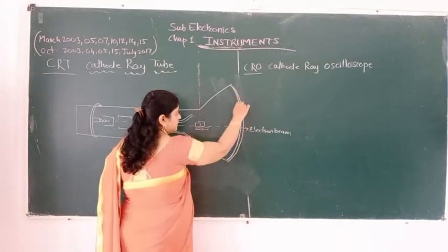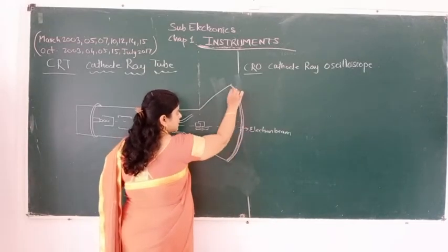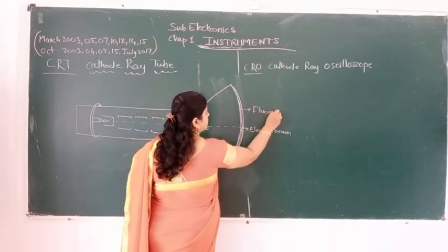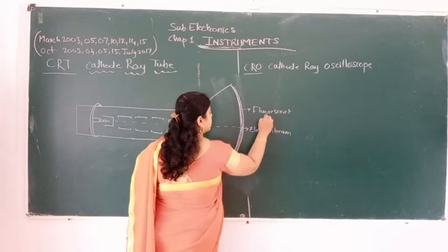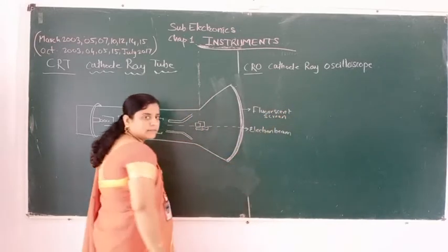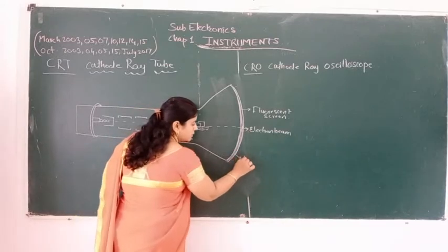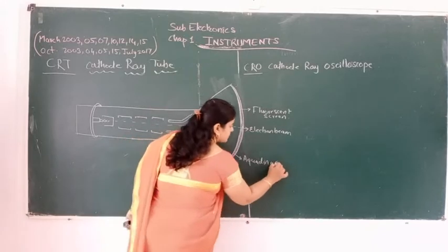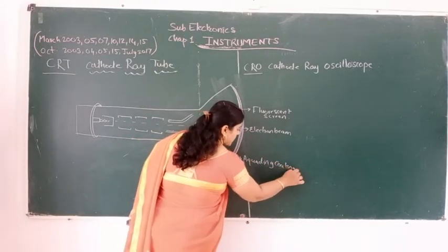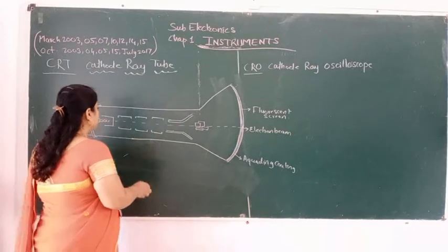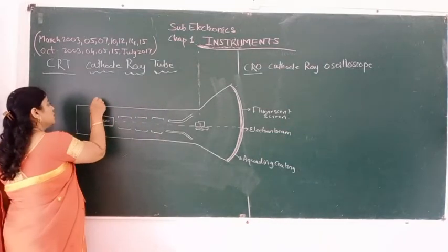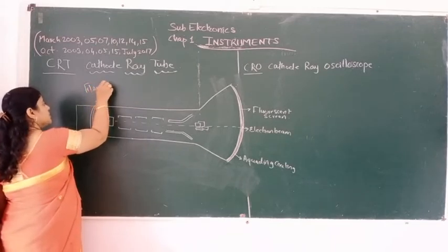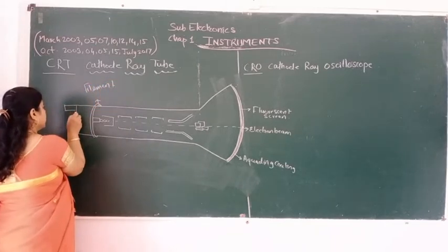This screen has a fluorescent element. This is called the fluorescent screen. This fluorescent screen also has an aquadag coating. So see, this is the filament, where the pins are connected.